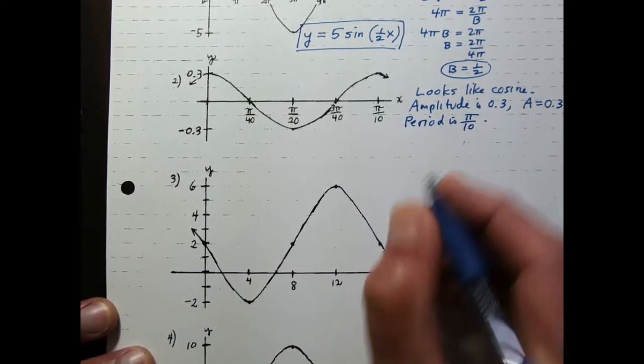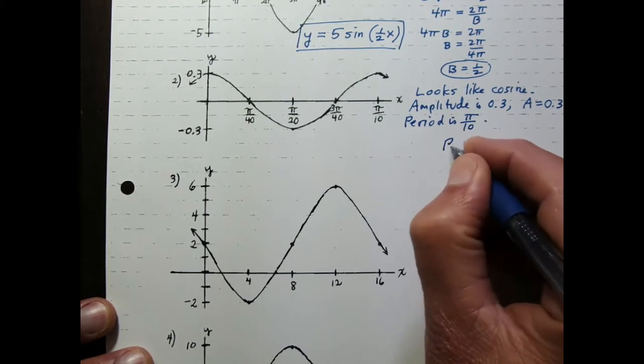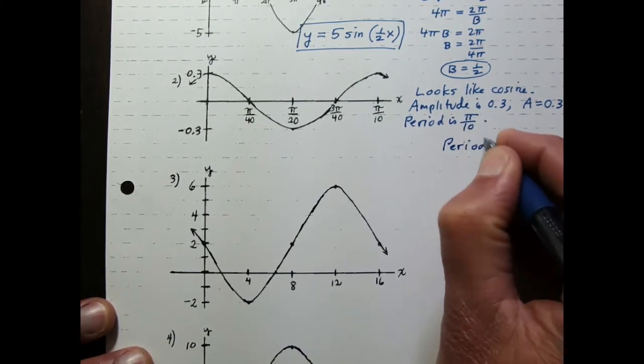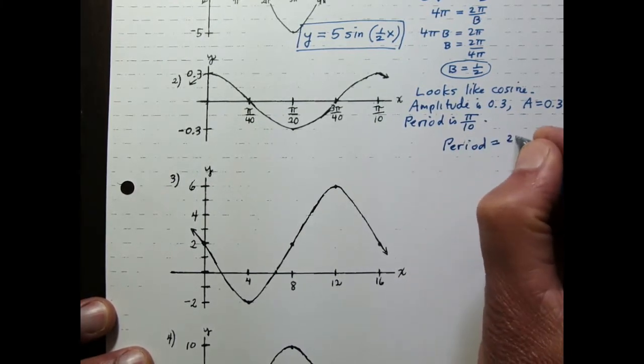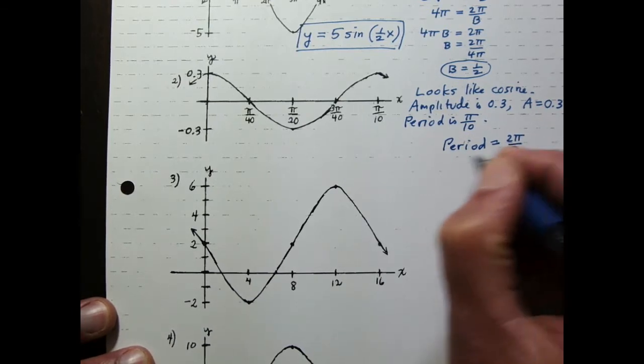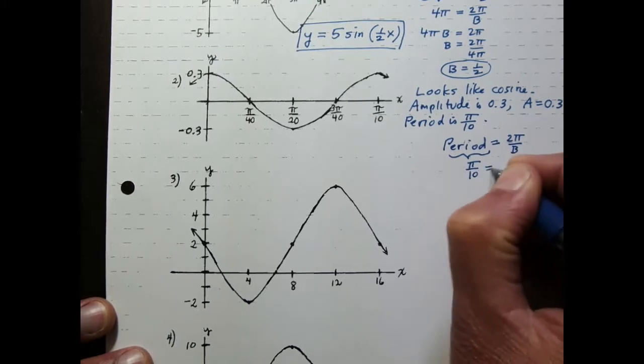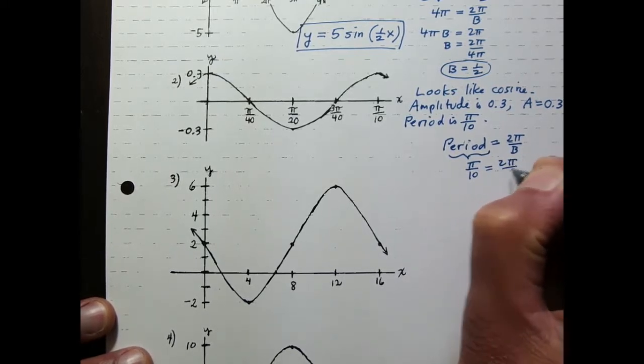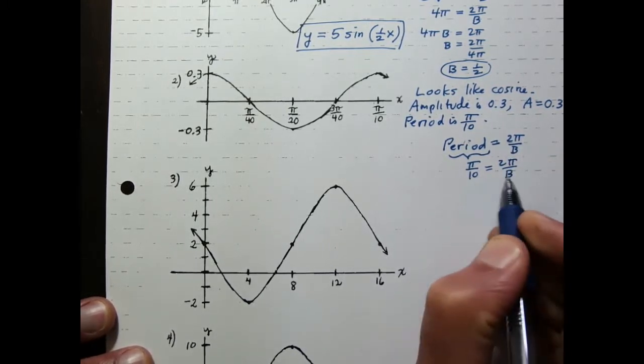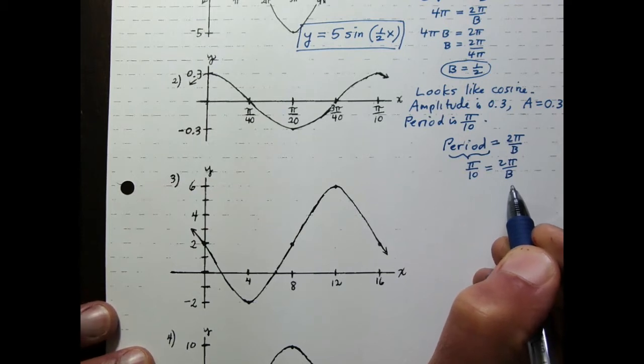So now we can solve for b like we did in the previous one. We're going to use our period is 2 pi over b formula, but I'm replacing period with pi over 10. It's pi over 10 equals 2 pi over b. And we want to solve this little equation for b.